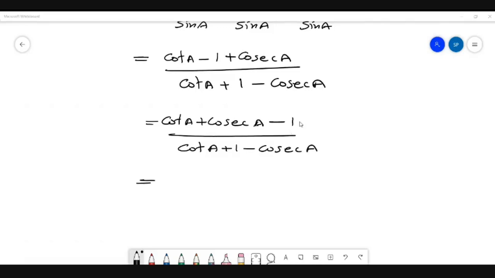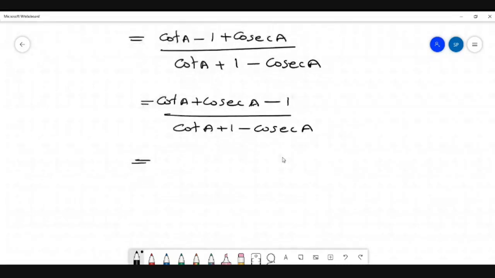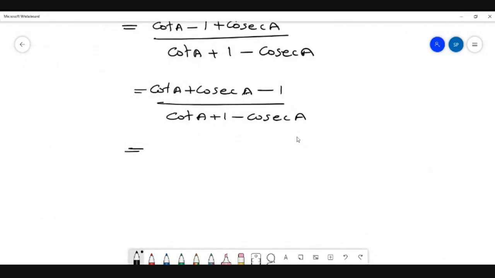Now we have the relation for 1, that is cosec square A minus cot square A. So let us rewrite like that. Substitute. We know that cosec square A minus cot square A equal to 1. So let us substitute here.